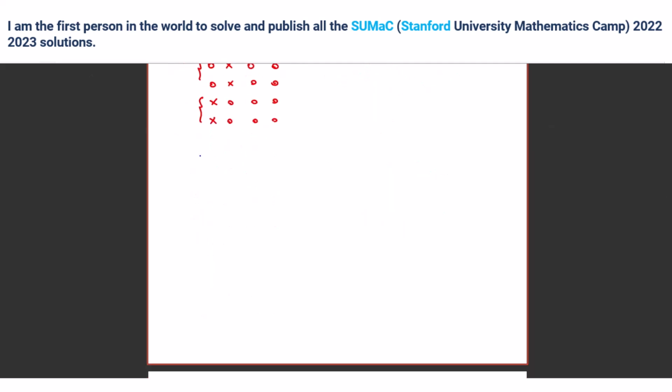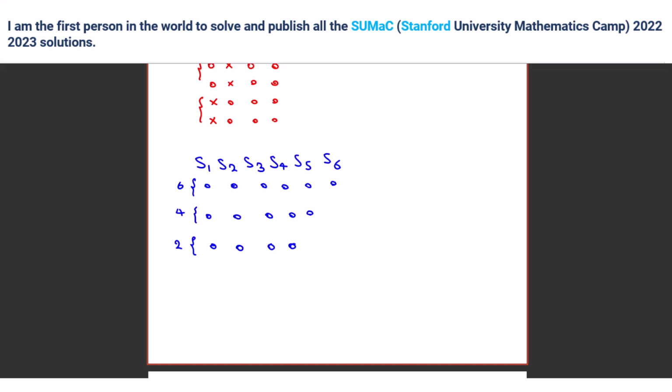For example, for S1 to S6, how many elements should we have in all of them at least? 6. In exactly 5 of them? 4. In 4 of them? 2, and the rest 0.